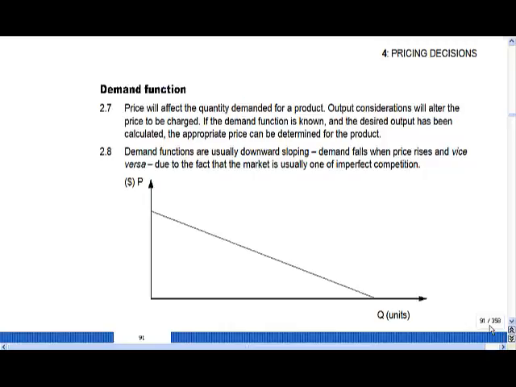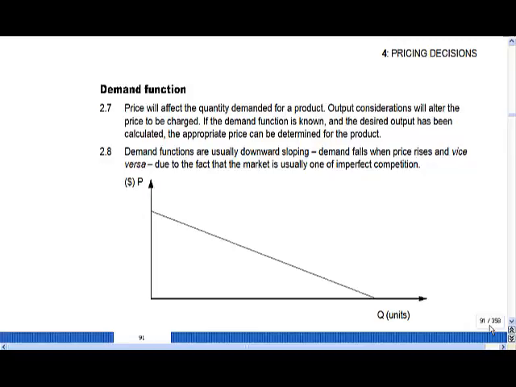Now, section 2.7 looks at our demand function. Basically, this is looking at the relationship between price and demand and using that to understand what level of price we should set to generate a given level of demand. Now, the graph we've got here shows a downward sloping line, and that is normally the case where we have imperfect competition.